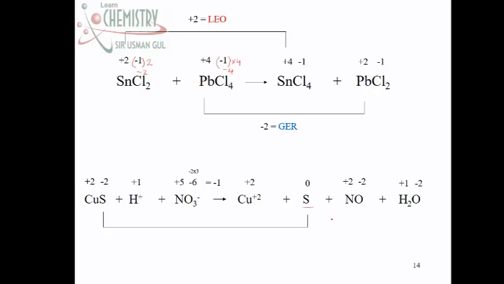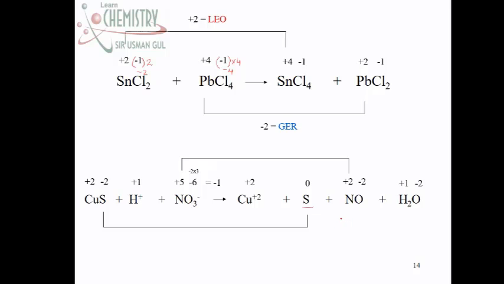Let's focus on the first, sulfur. Initially the oxidation state of sulfur was -2, but it has changed to 0. In the second, we can see nitrogen has the oxidation state of +5 and it becomes +2.